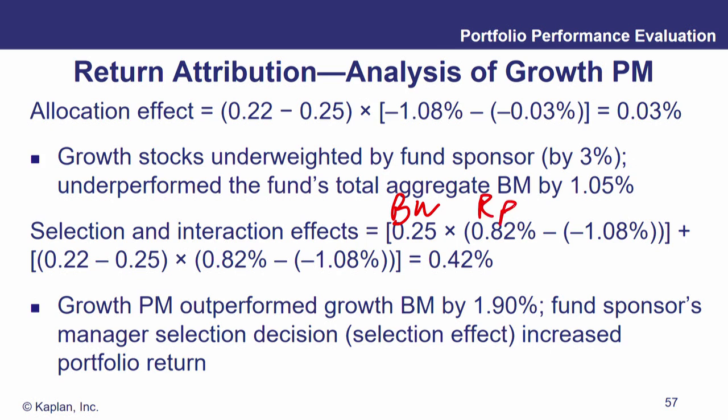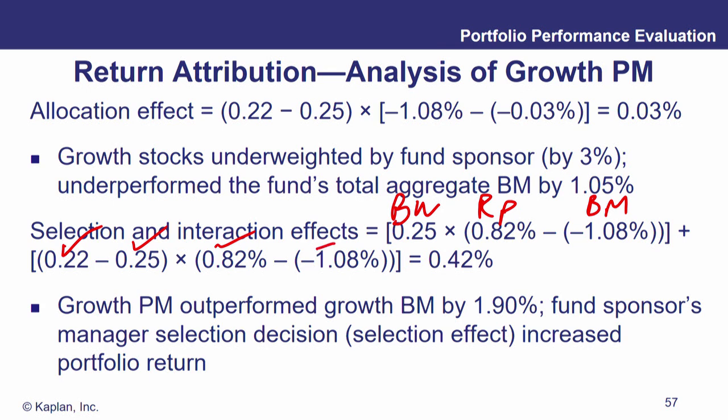Then we're going to subtract that from the benchmark growth return of negative 1.08, and then we're going to add to that our interaction, which is the 0.22, because remember we underweighted the growth to the benchmark of 0.25. Then we take the fund return for growth, which was 0.82%.